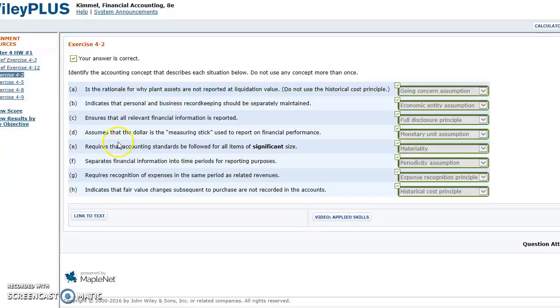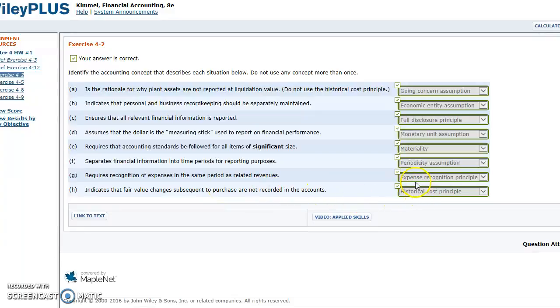F, separates financial information into time periods for reporting purposes. This one I use the periodicity assumption. For G, requires recognition of expenses in the same period as related revenues.